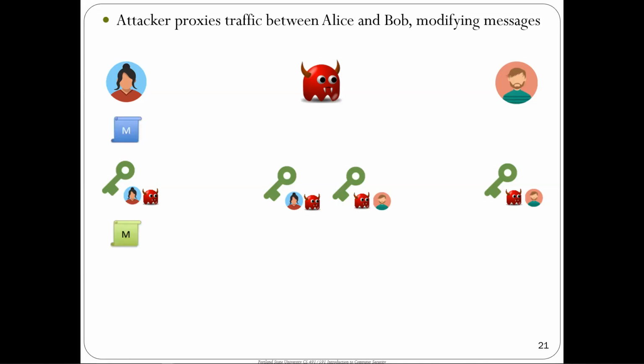It gets encrypted. On the other side, it gets received, it gets decrypted, and then the adversary can change the message to M prime, and then encrypt M prime with a shared key to Bob. And then this M prime gets received by Bob and decrypted. And now you've got this tampered with message instead of the original one.